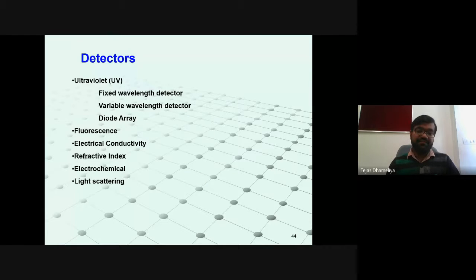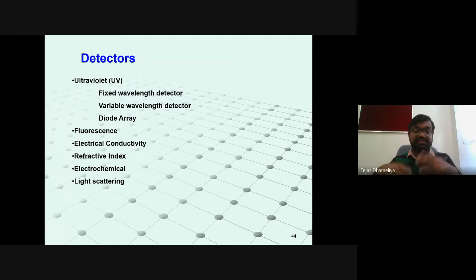Refractive index. Refractive index is basically a property of a substance: when light passes from air into a certain medium, we observe changes in the angle of incidence and the angle of refraction.